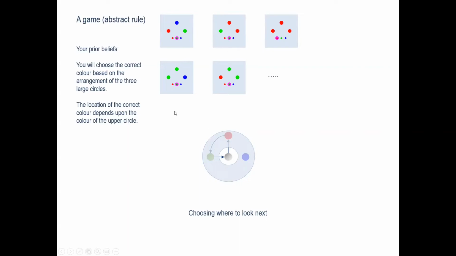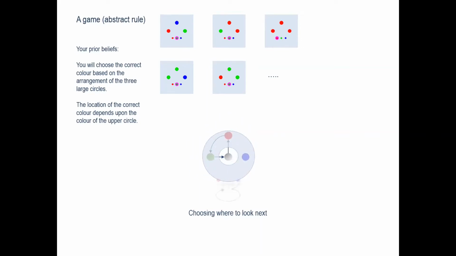Now, if I want to create an in silico agent that can also play the game that you have just played, I have to be a little bit more precise in terms of what it has to do. For you, it was easy to saccade around, look to the different circles and tell me using the microphone what your choice was. I have to write that down explicitly when creating a generative model of this game.